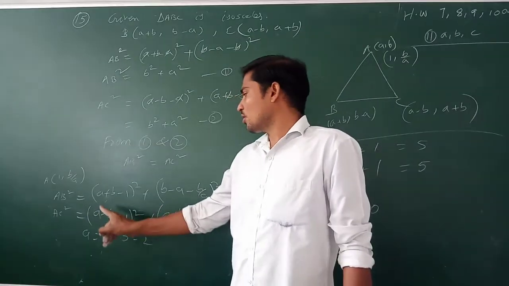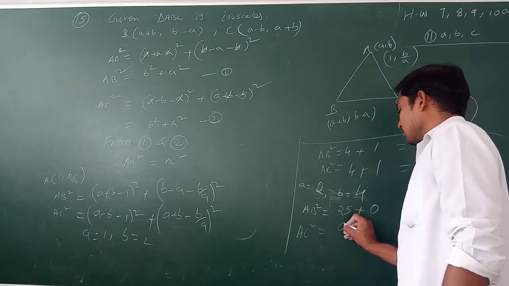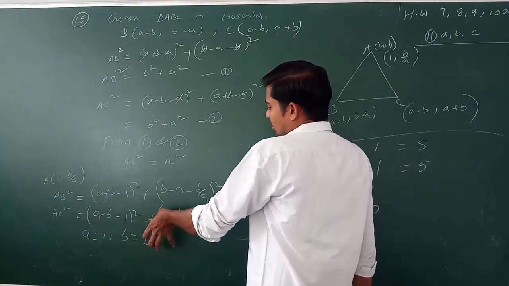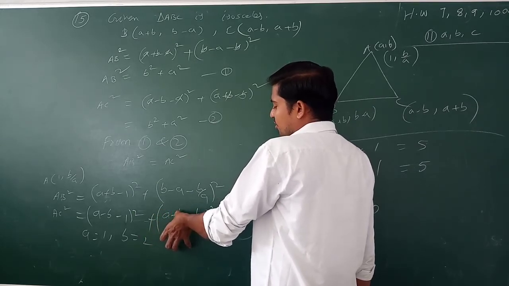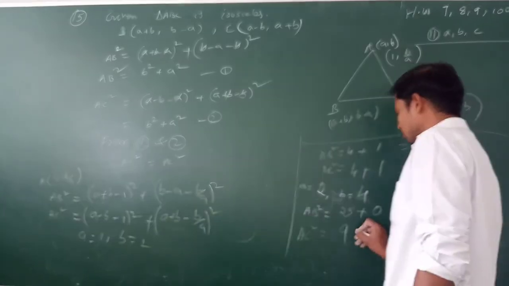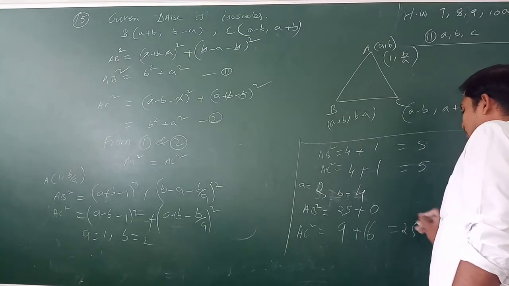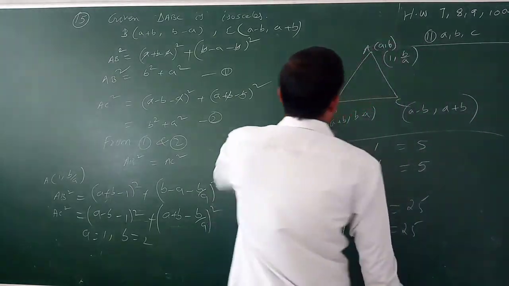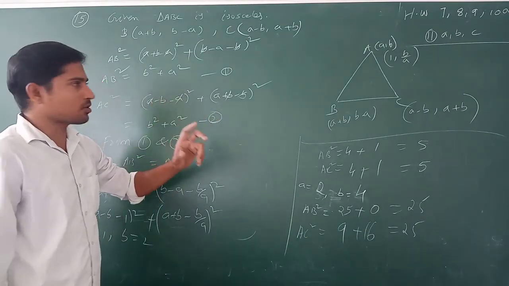So minus 2, minus 1, minus 3. Minus 3 whole square is 9. Now 2 and 4, 6 minus 2 is 4. 4 whole square is 16. 16 plus 9 is 25, which is also 25. Both are same. So the options A and D are correct.